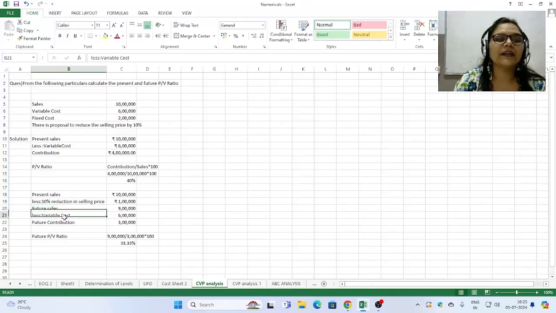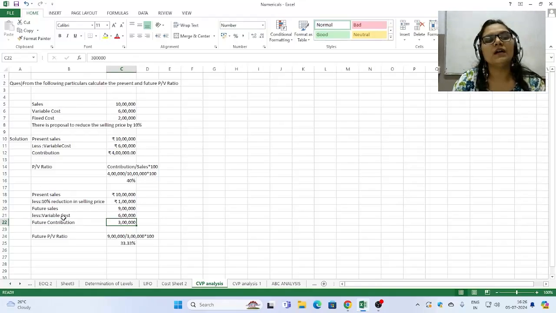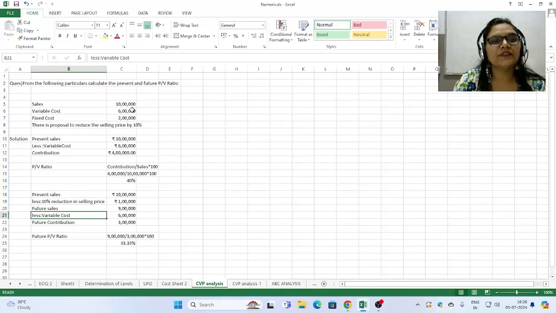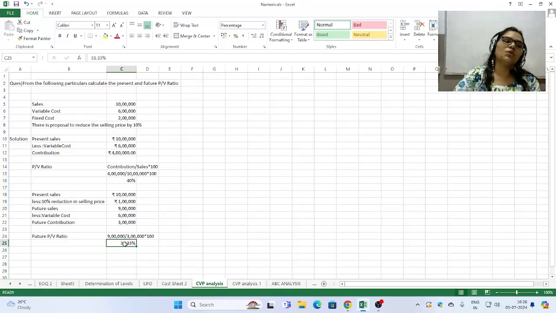So sales minus variable cost will give you future contribution 3 lakh. There is no adjustment given regarding variable cost, so we will copy as it is, 6 lakh, and there will be new contribution 3 lakh. Future contribution divided by future sales into 100 will give you PV ratio of 33.33%.